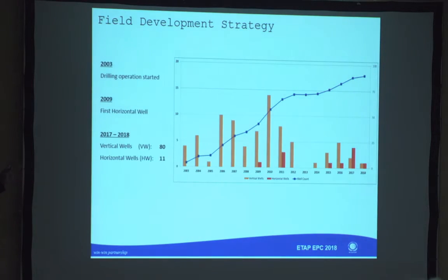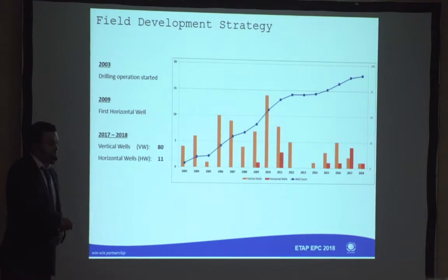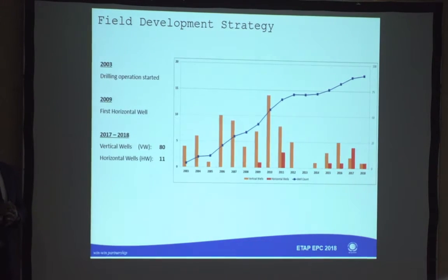Taking the example of southeast Algeria, one of the operators started their plan in 2003 with their first exploration wells, and till 2009 it was mixed between exploration and appraisal wells. Then in 2009, they started their first horizontal well to see the contribution of horizontal wells to the production and how effective that is compared to the vertical wells.